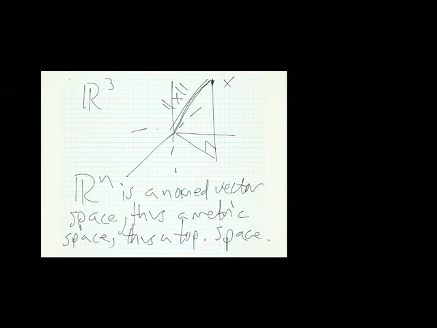So the distance is given by the formula we saw. It's the norm when you subtract two vectors. And the topology is generated by open balls. So in R3, what does an open ball look like?